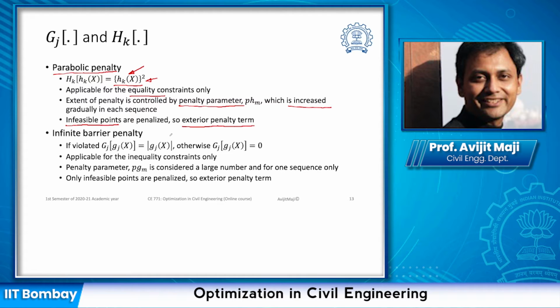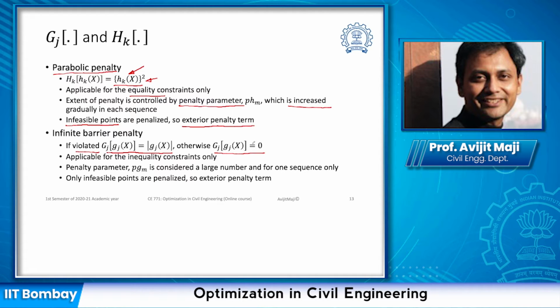One such function is the infinite barrier penalty function. This infinite barrier penalty function works in such a way that whenever a particular solution violates the inequality constraint, we estimate the penalty function as this. This will give a certain value. If it does not violate, then this function is going to give us 0.